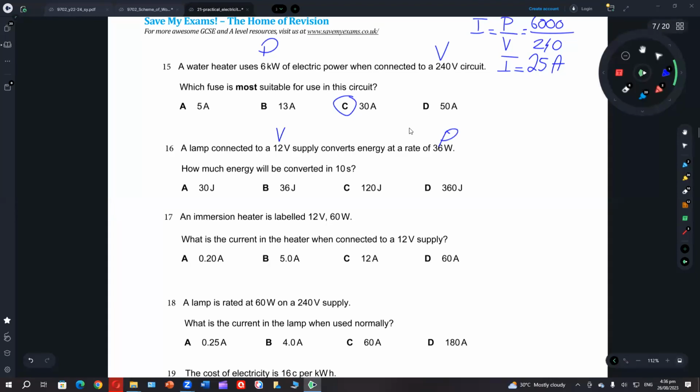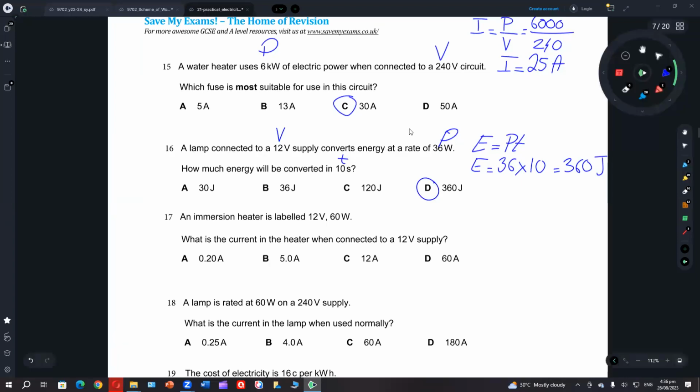How much energy will be converted in 10 seconds? So we have a formula, energy is equal to power into time. So I have done the calculation here and I'm getting part number D.